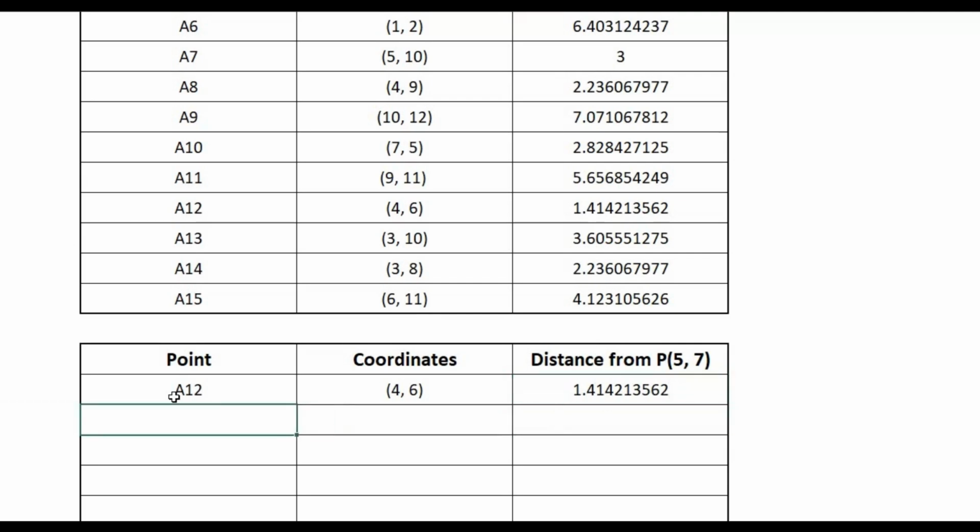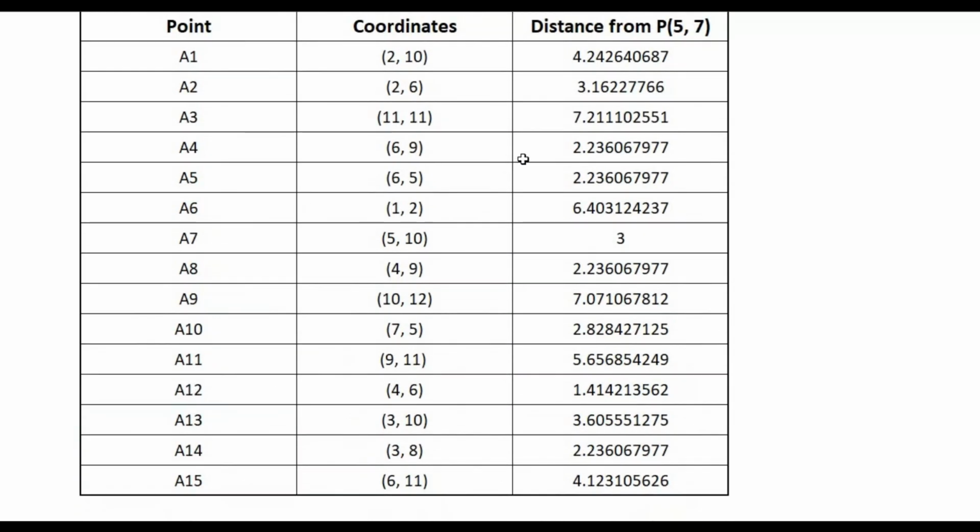Now the next one we have. The problem is A4 and A5 had the same distance, 2.236067977. So we will take the data point which comes first. As we can see, data point A4 is written before A5, so according to the sequence we will take A4 first.